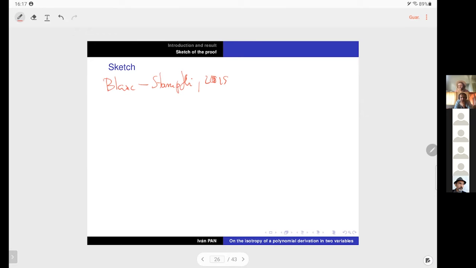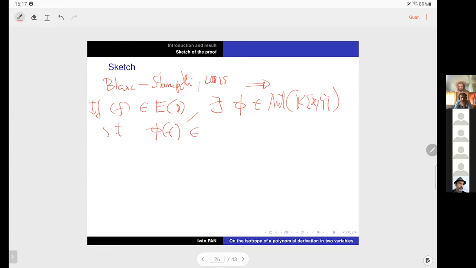And then we may deduce that the irreducible polynomials defining the stable ideals have a special form: there exists an automorphism such that it transforms f to a polynomial in one variable.